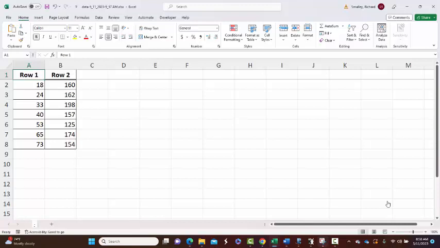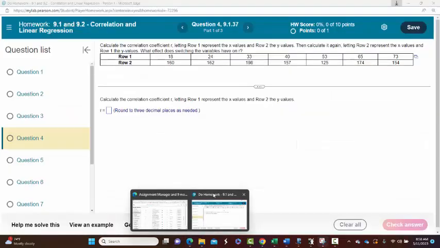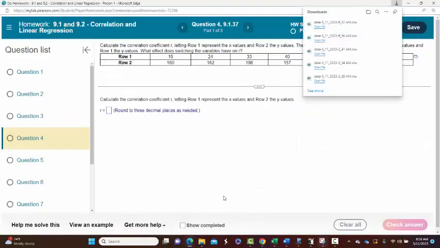And it wants us to do the correlation coefficient. I believe it said with row 1 be x, row 2 be y.